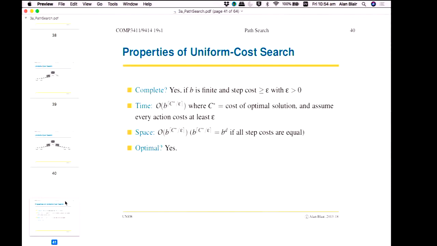Every step costs at least epsilon, so the maximum number of steps in the path would be C star divided by epsilon. That gives you an upper bound on how many nodes in the worst case you would have to expand, and the same for the space complexity. And it is optimal in terms of finding the shortest distance path.